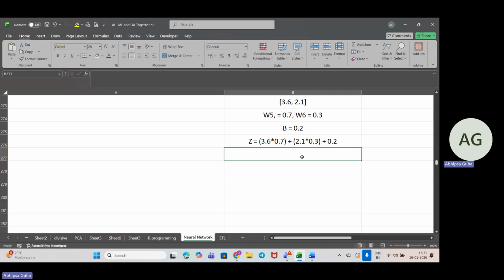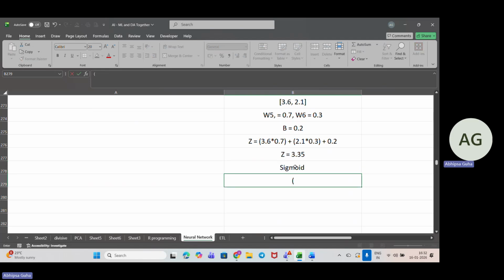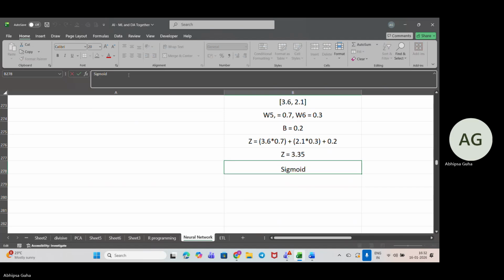So here I am getting the value of Z that is equal to 3.35. Okay, so now we are applying the sigmoid activation function. Sigmoid activation function. Here I am getting the value for this as 3.35.